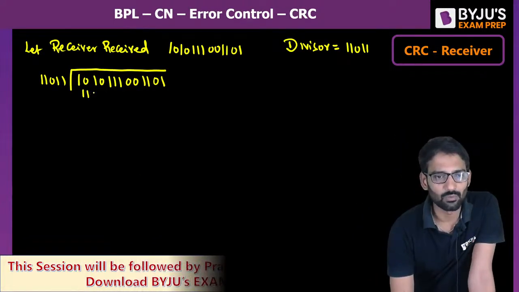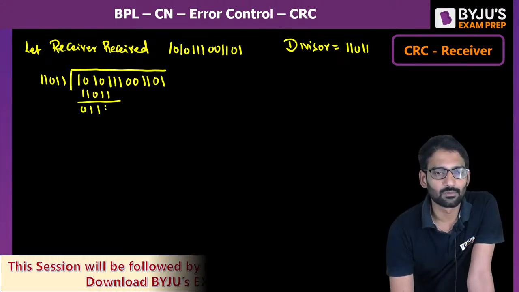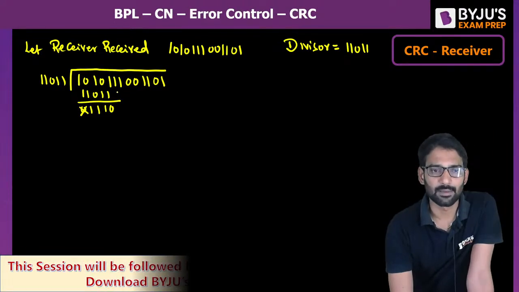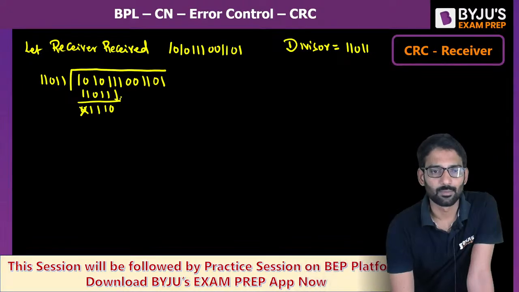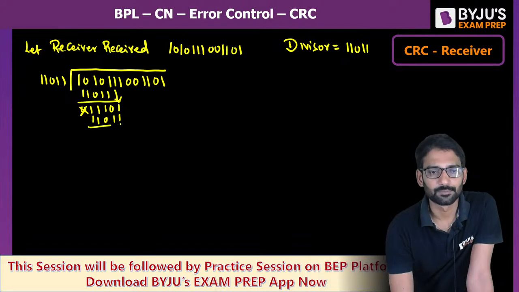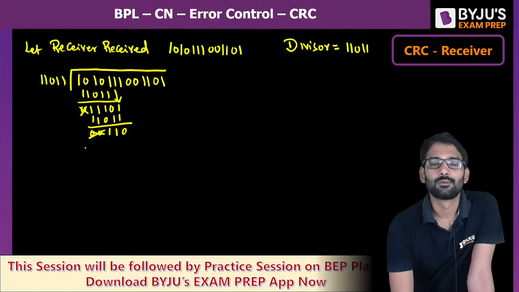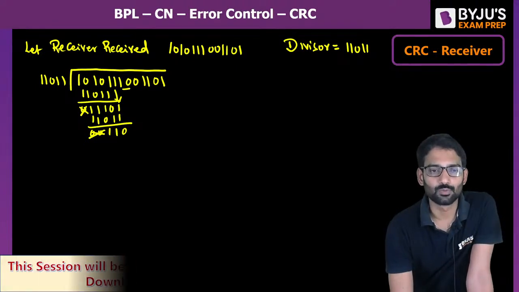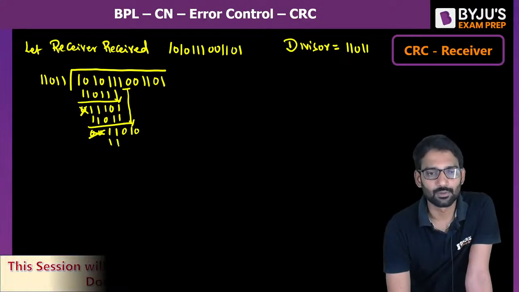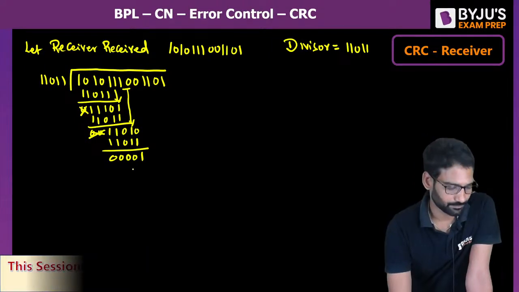So 11011, it would be 01110. Discard this MSB 0 and borrow this one. 11011 0011 0, borrow 2 bits, 11011, 00001.